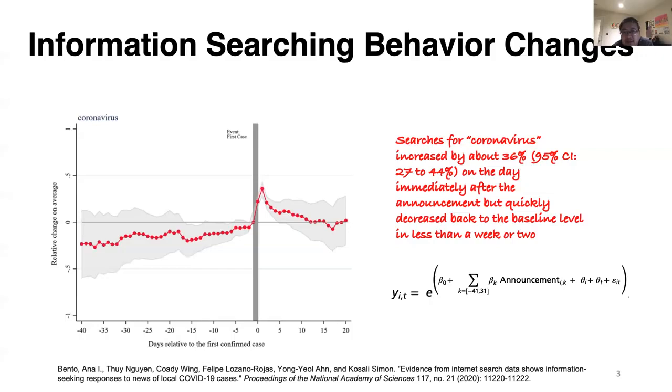The vertical axis measures the differential percentage change in search frequency as the states approach the first case announcement. The figure shows that searches for coronavirus increased by 36% on the day immediately after the announcement, but quickly decreased back to the baseline level in less than a week.